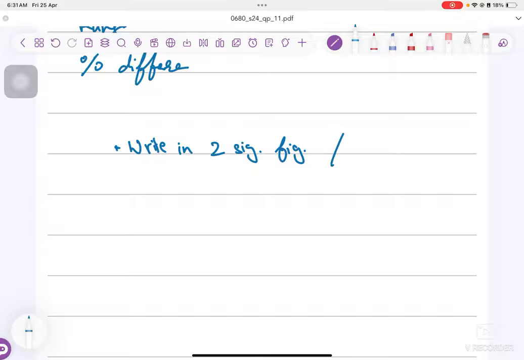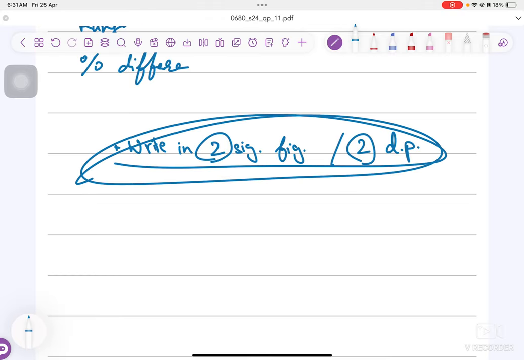Or into decimal places. Okay, they can write any number. I'm just giving you an example. Make sure you stick to this. If they said 2 significant figures, then write only 2 significant figures. If they said 2 decimal places, then only write 2 decimal places. Okay? Follow exactly what the question is asking you.